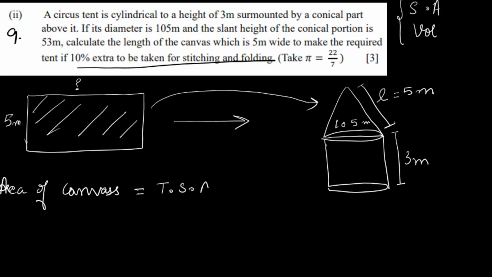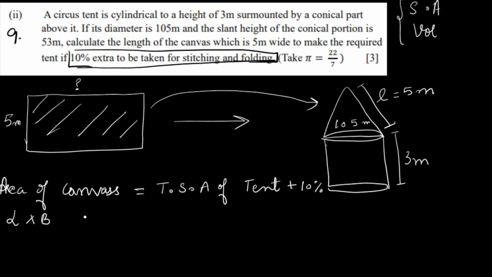But one extra thing we will do: it's mentioned 10% extra is to be taken for stitching and folding, so here we will add 10% also. Area of canvas we know, its length into breadth, as it is rectangular in shape. Total surface area we have to find.